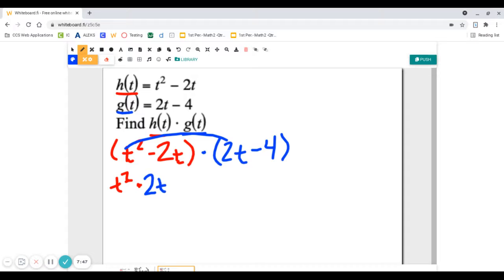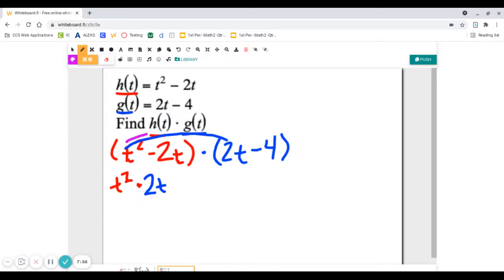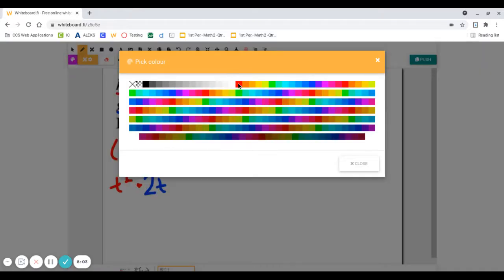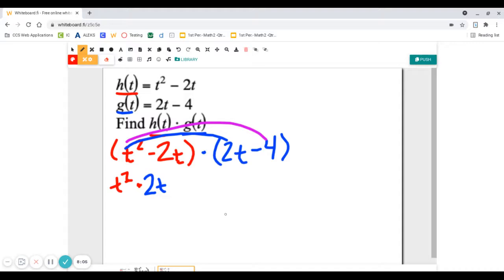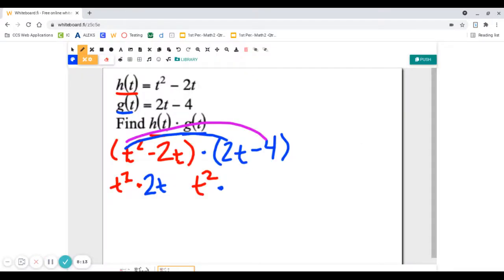Next, we have t squared that we want to multiply by negative 4. So t squared times negative 4. That comes from the purple.